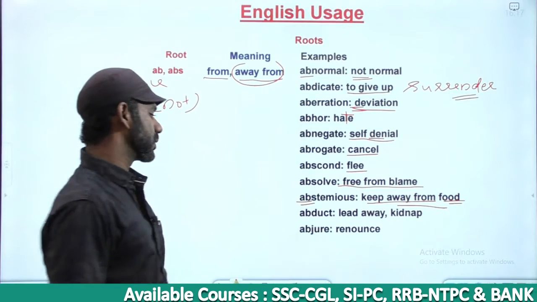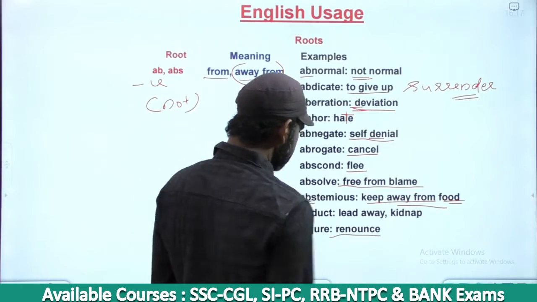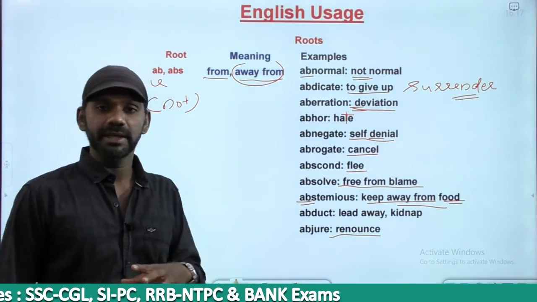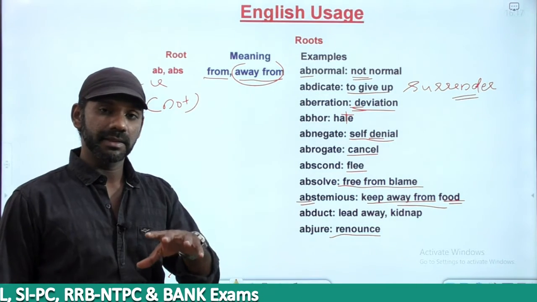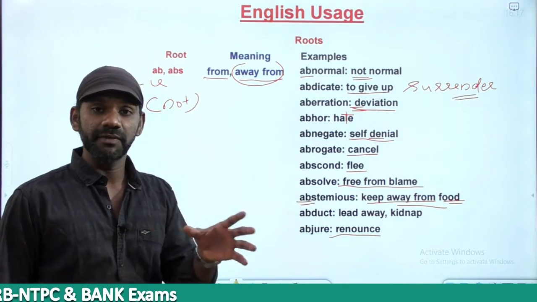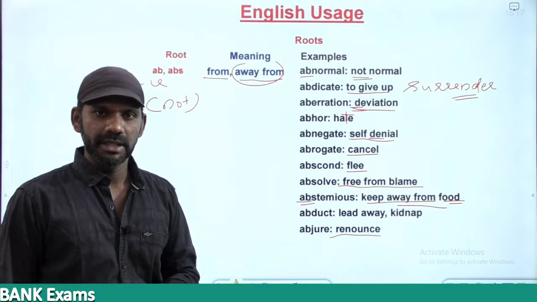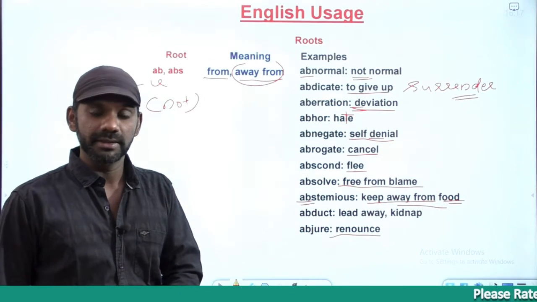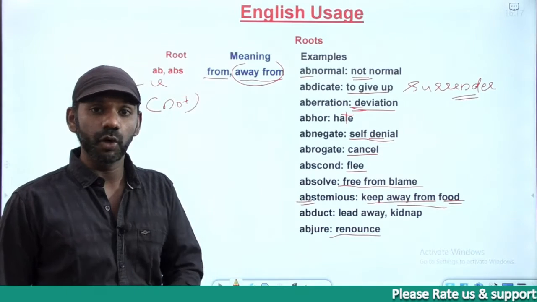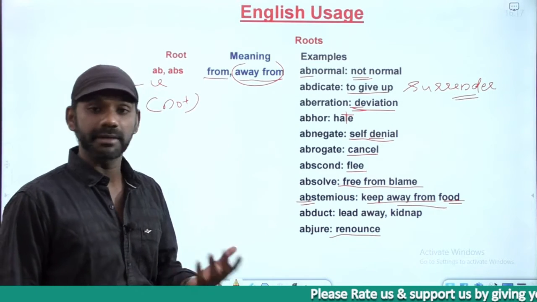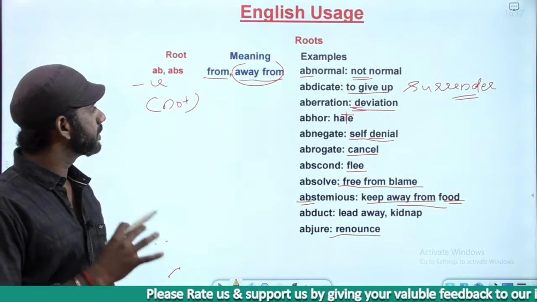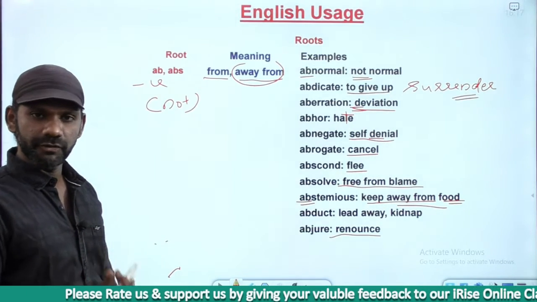Abjure is renounce. Renounce means like sometimes going back, or it can be like making a person go away from being successful, reaching his goal. Taking a person away from reaching his goal is like abjure or renounce. So AB and ABS are negative prefixes meaning from or away from.